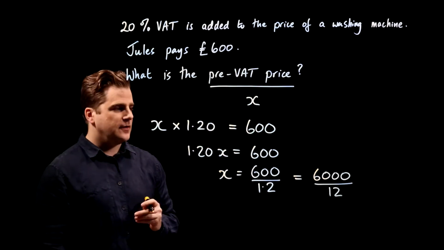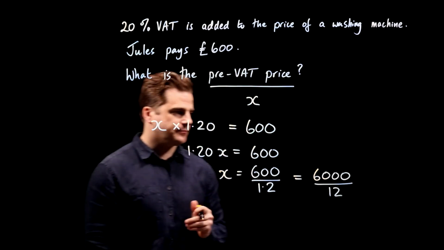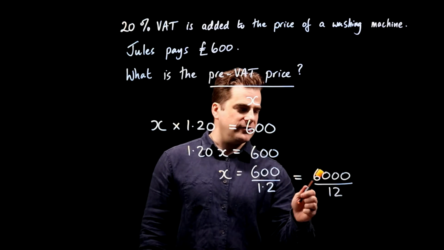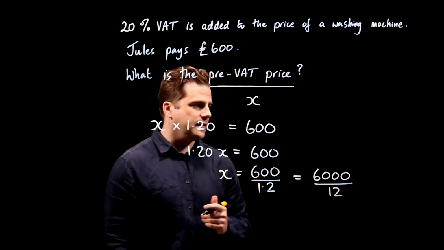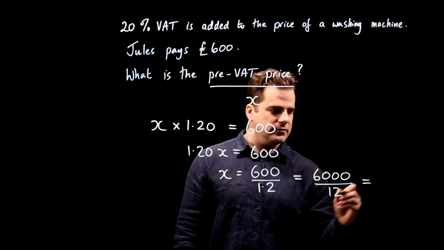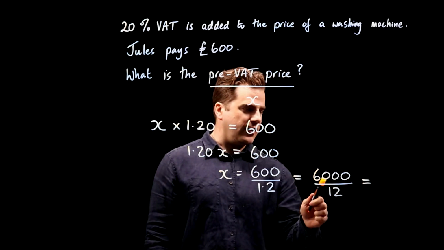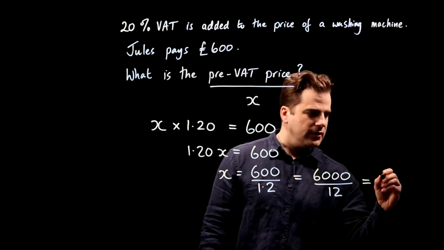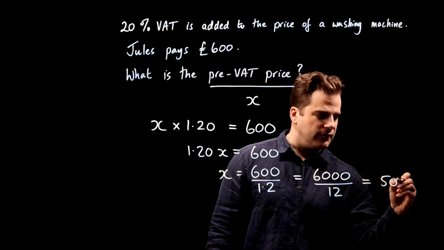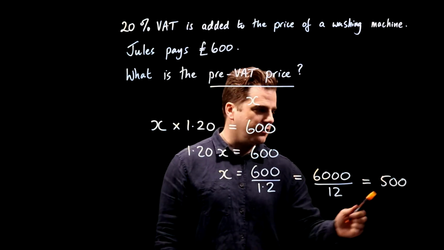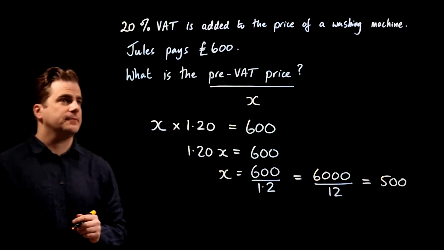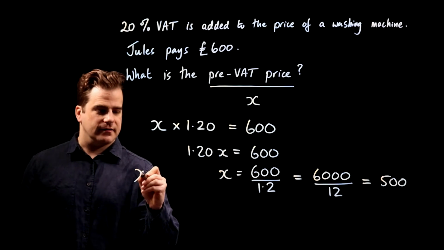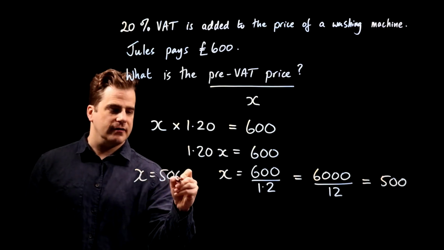Aha! Do you know your 12 times table? 12 goes into 60 5 times. 5 times 12 is 60. So therefore, 12 into 60 goes 5, but there's a couple of extra zeros. So 12 must go into 6,000 500 times. There we go. We've done it. X is 500.